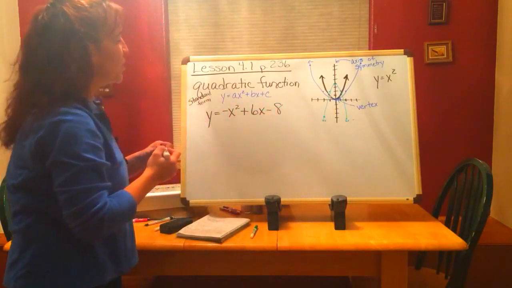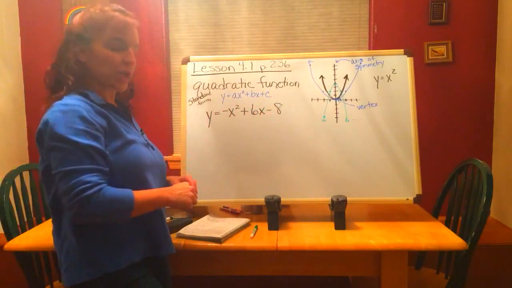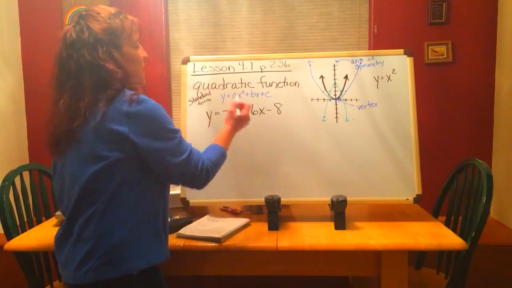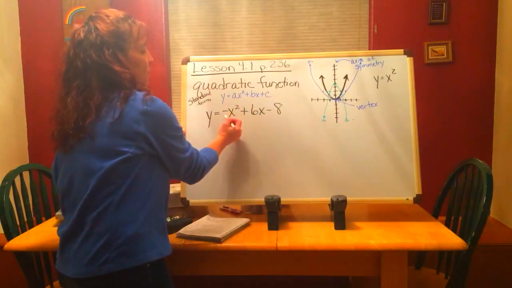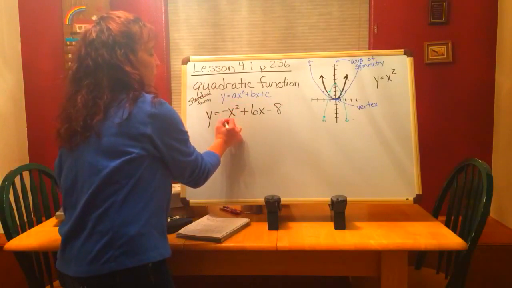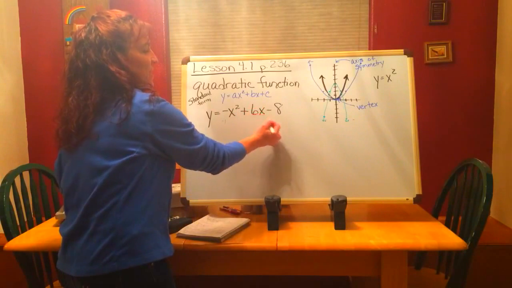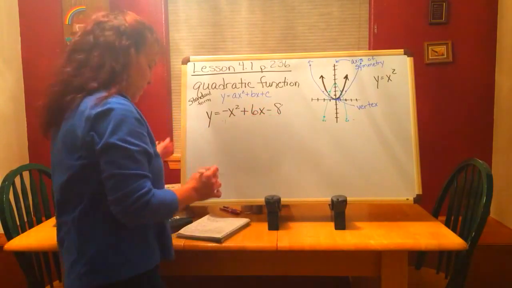The first thing we need to remember is, what's our a and our b and our c? We can see that the coefficient of x squared is negative 1. So our a is negative 1, our b is 6, and our c is negative 8.